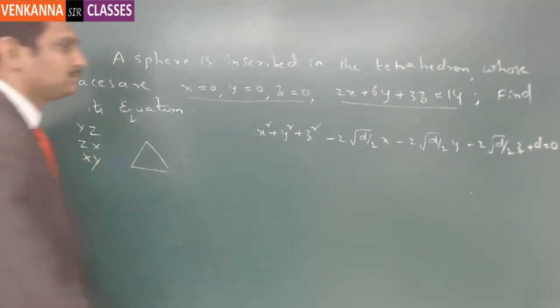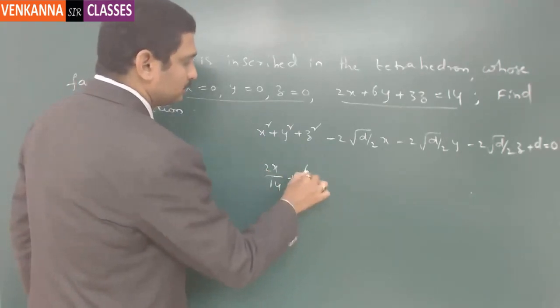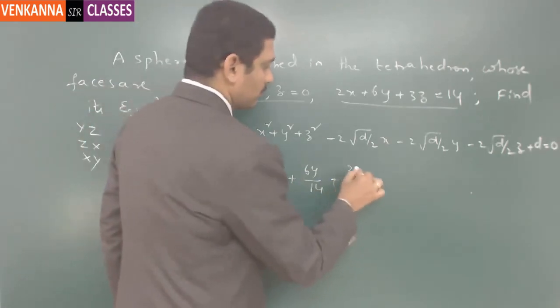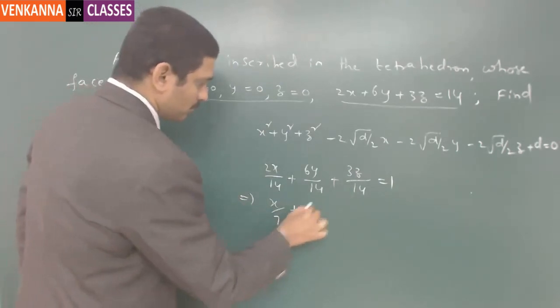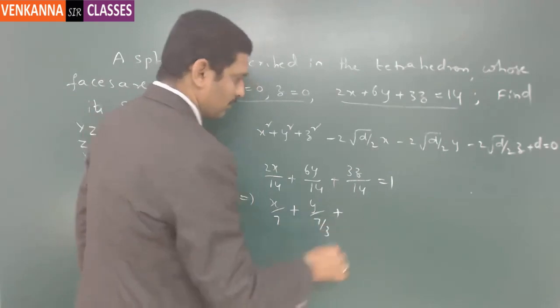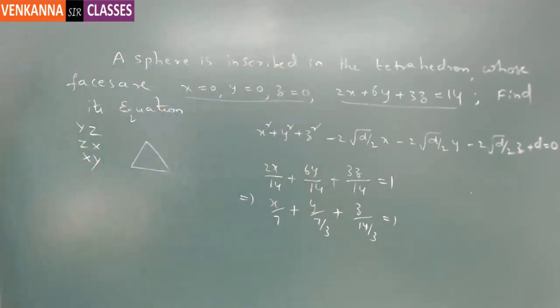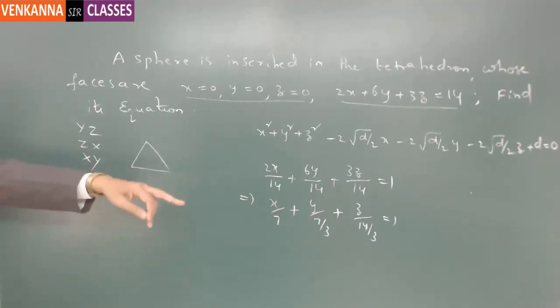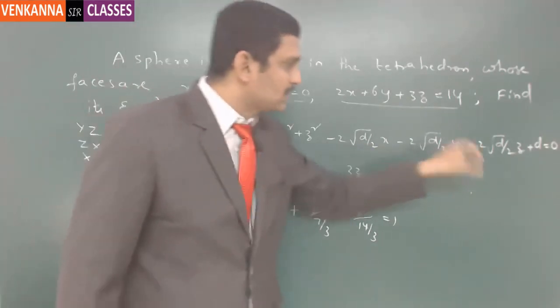Then what happens? Since the values are positive, obviously you should take a negative sign there, because earlier you have written a sphere equation having intercepts where the minus sign comes.